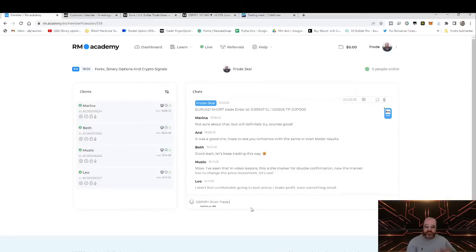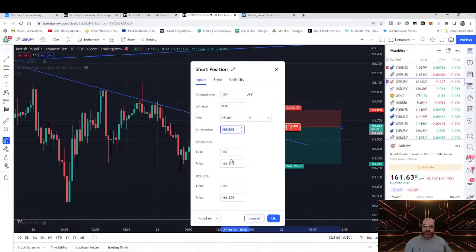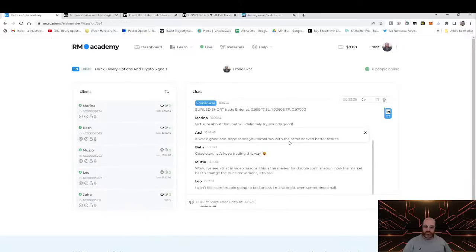So yeah, we could easily see on the 30 minutes that we had a downwards trend. We take a short trade entry at this level there. We take our stop loss here.